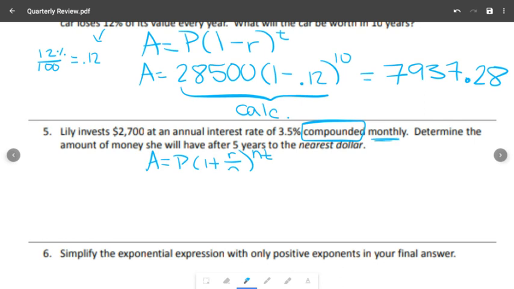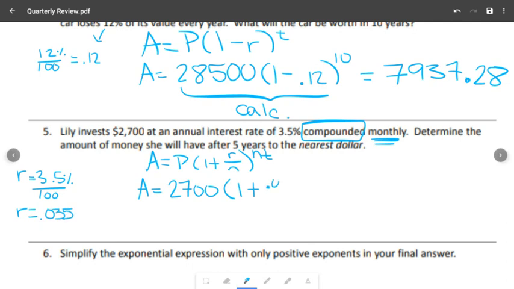I went over what all the different words mean for n. We are investing $2,700, so that is our P. r, divide by 100. So you should get 0.035. Because this is monthly, there are 12 months in a year, so n would be 12. t is 5.